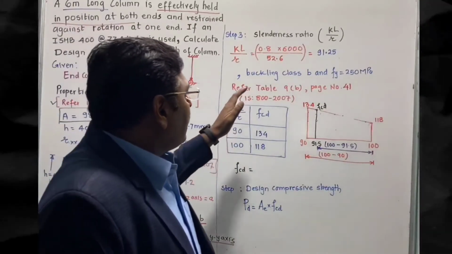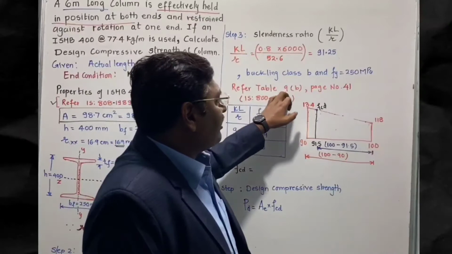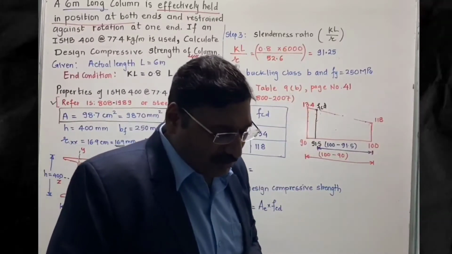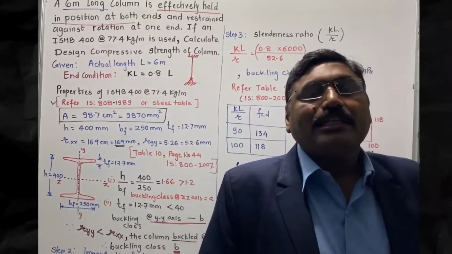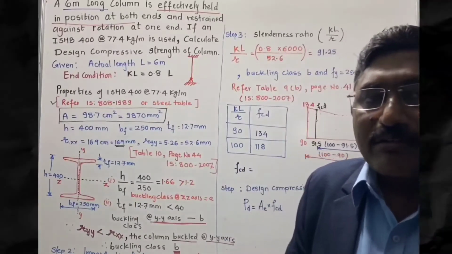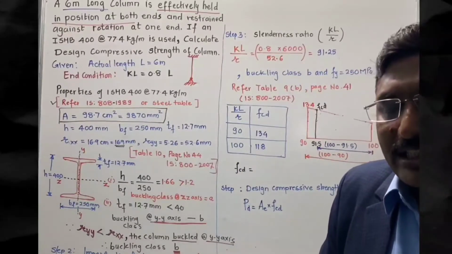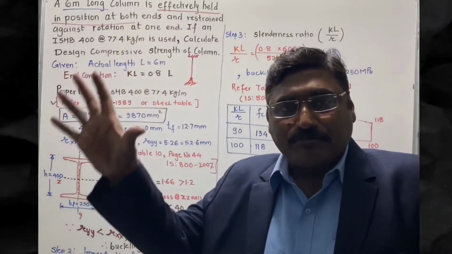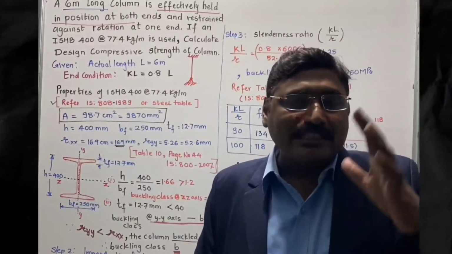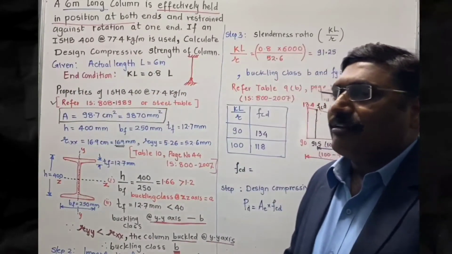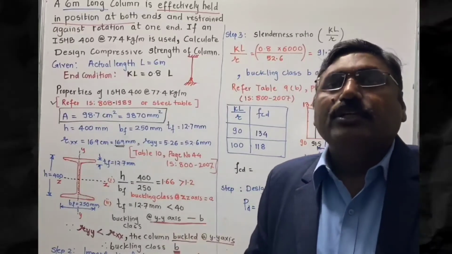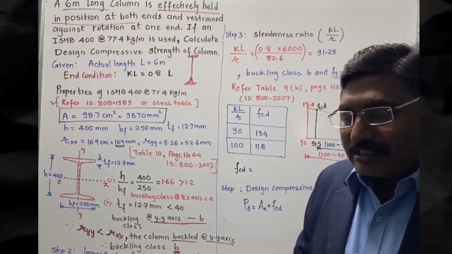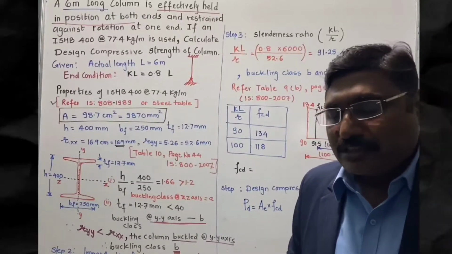Now referring to table number 9b. Why are we referring to table 9b? We have to calculate the design compressive stress. To calculate this design compressive stress, there are two methods: by using the formulas or by using the design chart. If we have the design chart, it is the simplest way to find the design compressive stress.